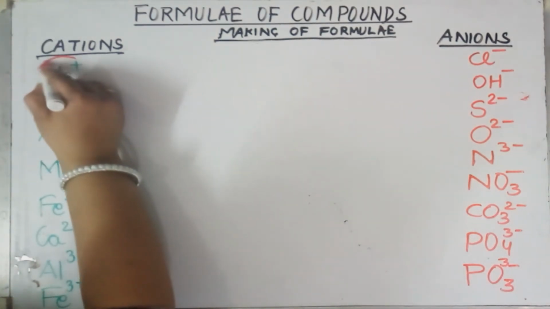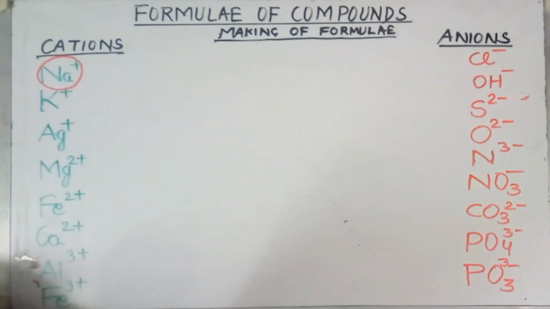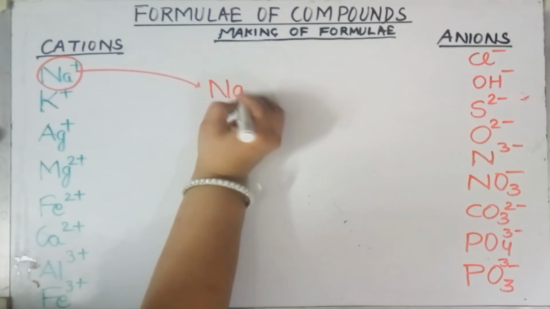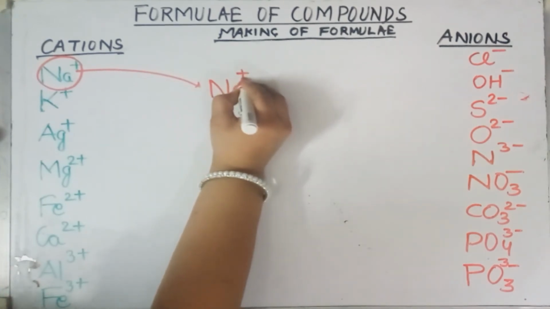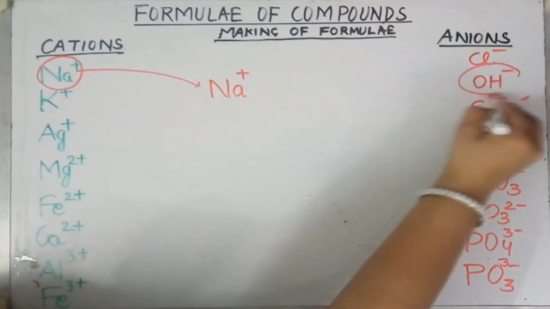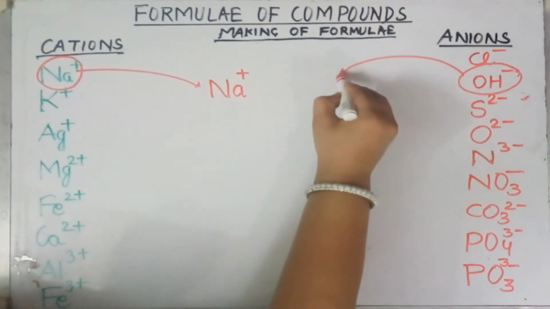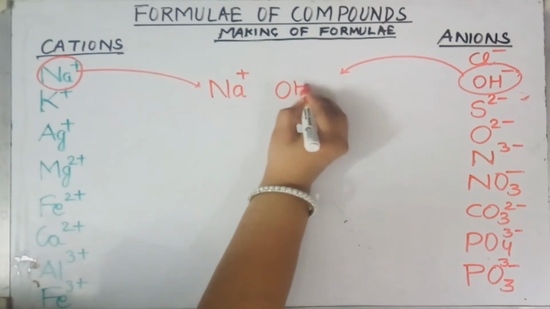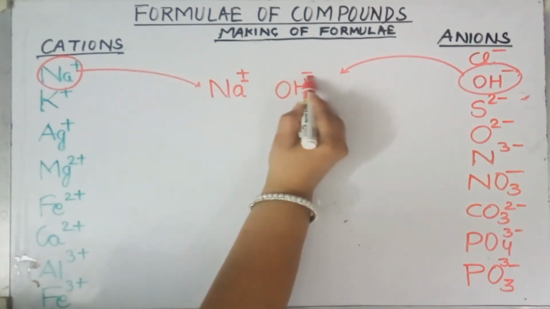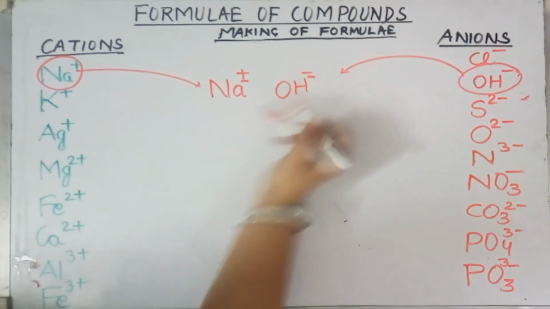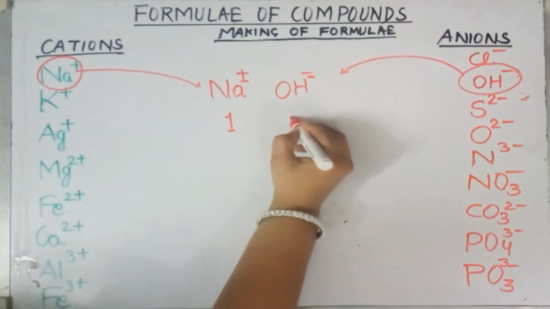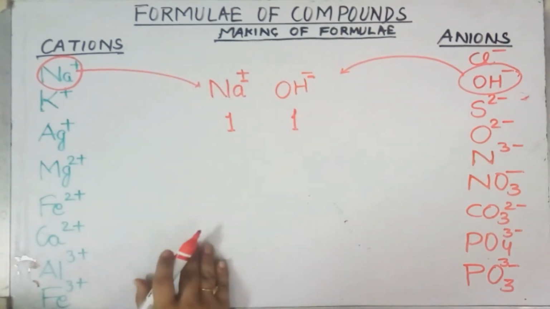Here I am taking a very common cation, and that is sodium. So here it is Na plus, with the charges on them. On the other hand, I am taking another anion, which is OH, with the charges present on it. Write down the charges present on these particular anion and cation, that is 1 plus on the sodium and 1 minus on the OH minus.